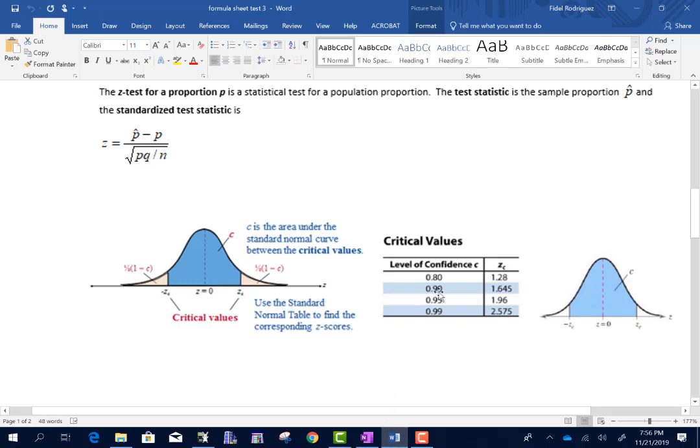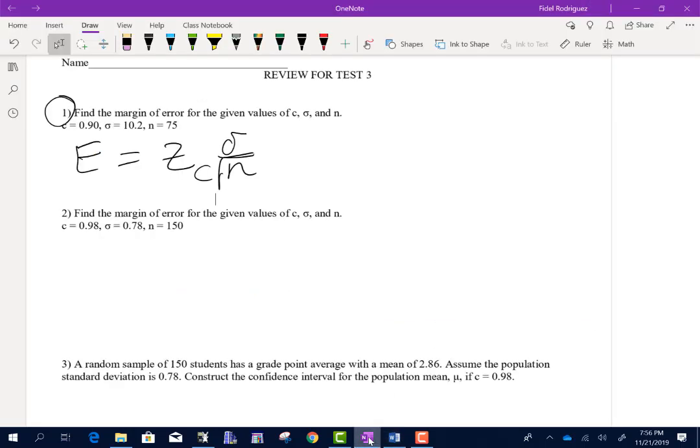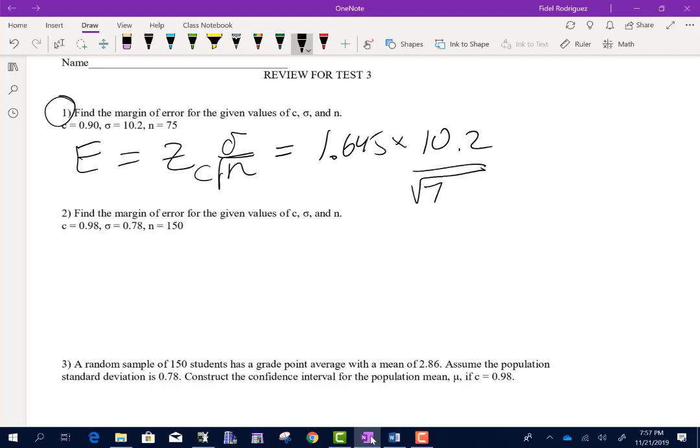Okay. When C is 90, what's my ZC? 1.645, right? So I'm going to go like this: 1.645, okay, times, what's our sigma in this case? 10.2 divided by the square root of our N was, boom, boom.